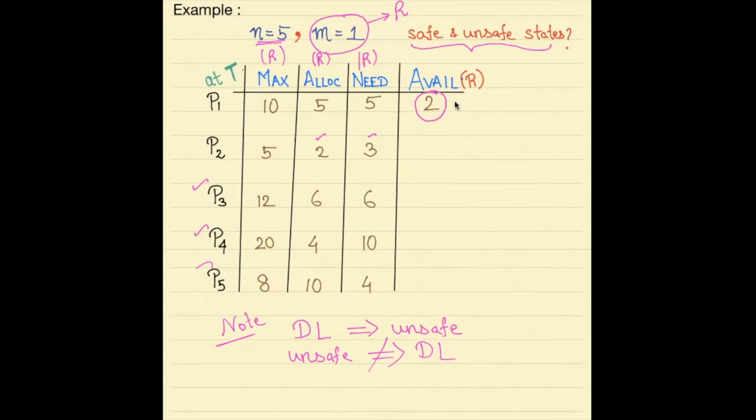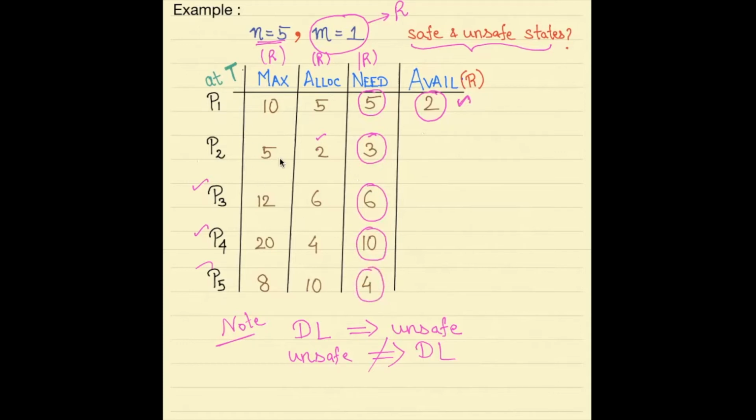Here the available resource is 2. At time t, P1 requires 5 resources, P2 requires 3 resources, P3 requires 6 resources, P4 requires 10 resources, and P5 requires 4 resources.